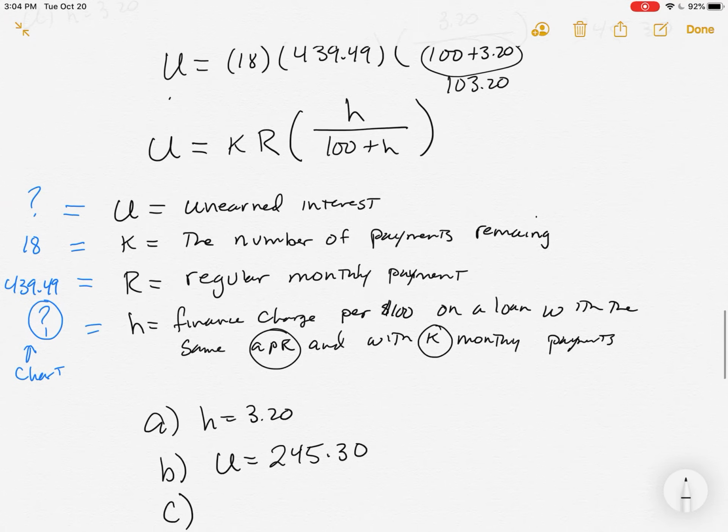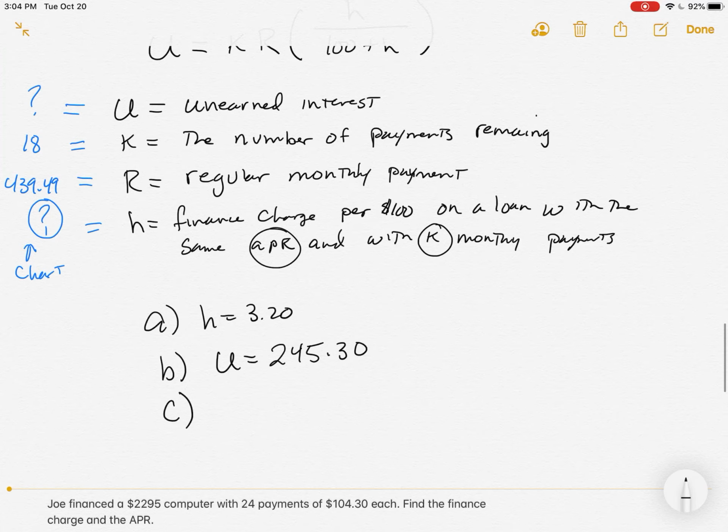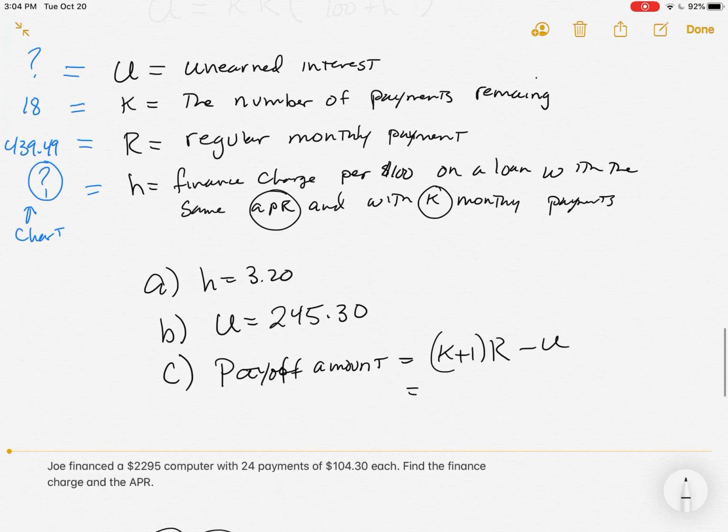And so C says, what is the payoff amount? Well, the payoff amount is figured out like this. The payoff amount is equal to K plus 1 times R minus U. We've got to subtract out that unearned interest. So this is 19 times the $439.49 minus the $245.30.